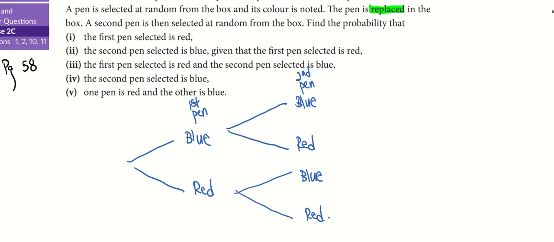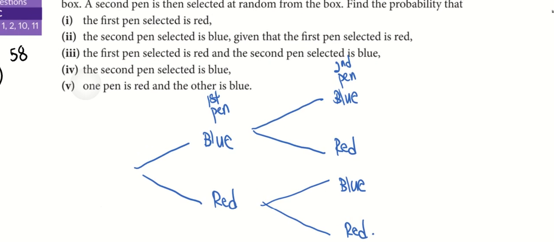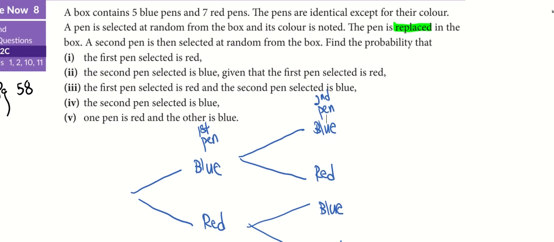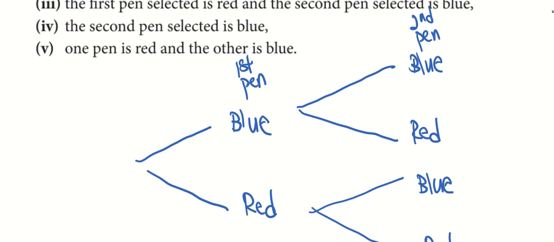Unlike the question yesterday, the probability tree here, every branch has a different fraction of probability. They are not equal anymore. So what is the chance of drawing a blue pen? It's actually 5 out of 12, am I right? So I need to write 5 out of 12 on this branch.